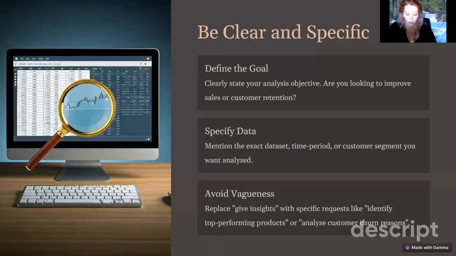So whenever you enter a prompt, you want to make sure that there's no vagueness. You want to be very specific. You replace "can you give me some insights into the data" with "please identify top performing products," or "analyze customer churn," "analyze employee turnover," things like that. You can also do this little cheat.